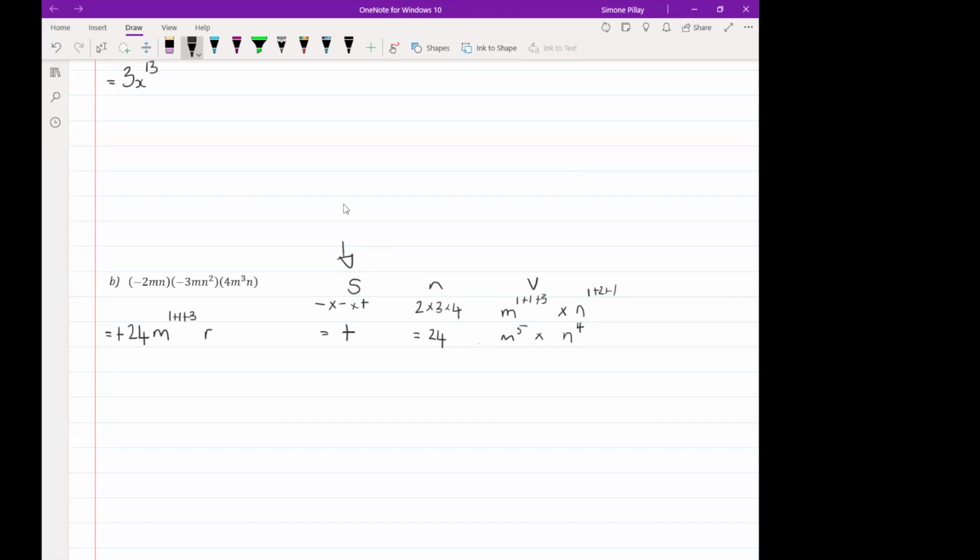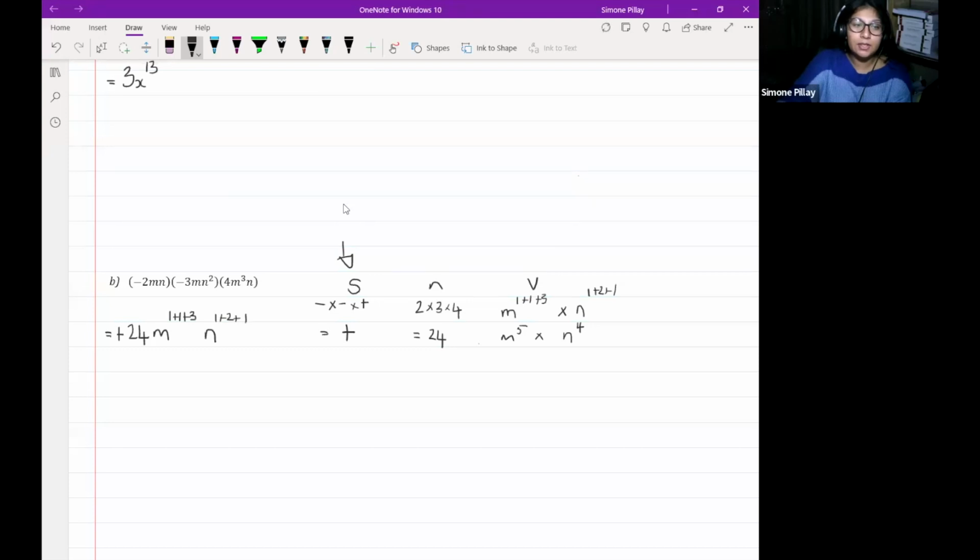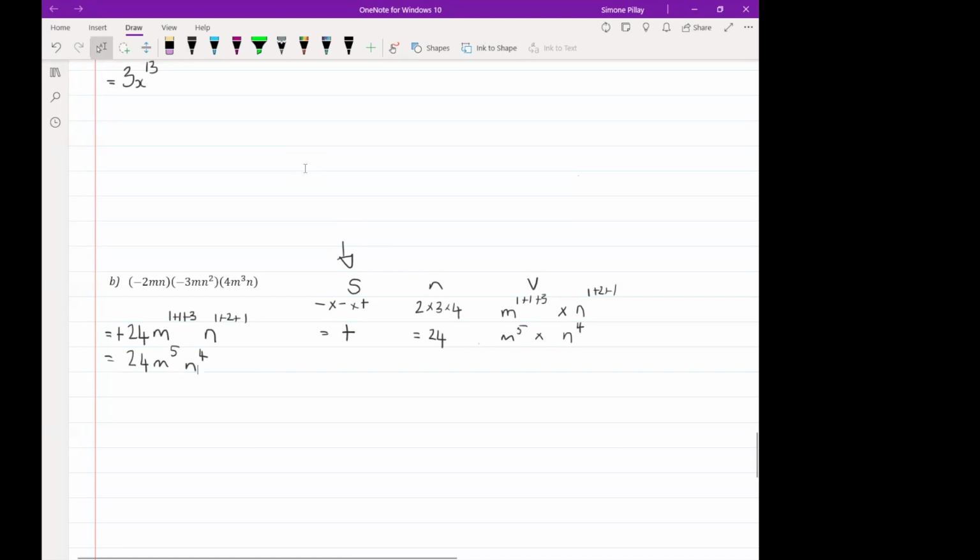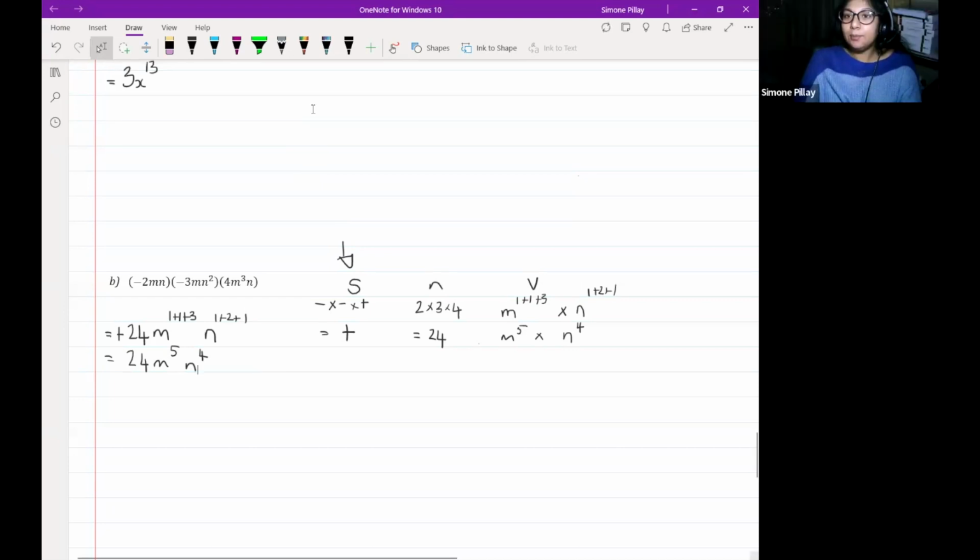Then we have another base that's the same, and add up all my exponents, and we're going to end off with 24m to the power of 5 and n to the power of 4. Thank you, Mateo, for answering that one for us. Thank you, ma'am. Okay, guys, and then that brings us to the end of our lesson.